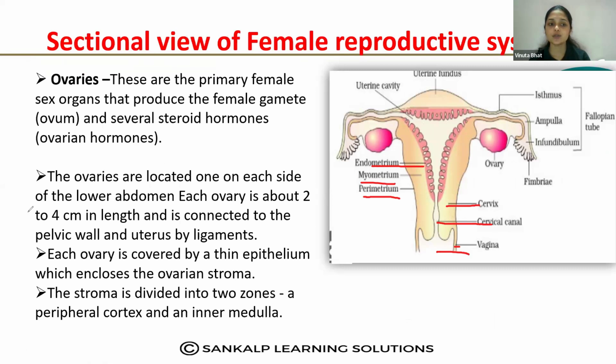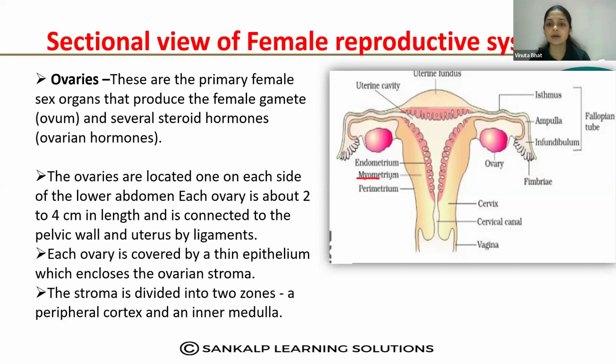The endometrium undergoes cyclical changes. During the menstrual cycle, the endometrium breaks down, so it undergoes cyclical changes in every menstrual cycle.